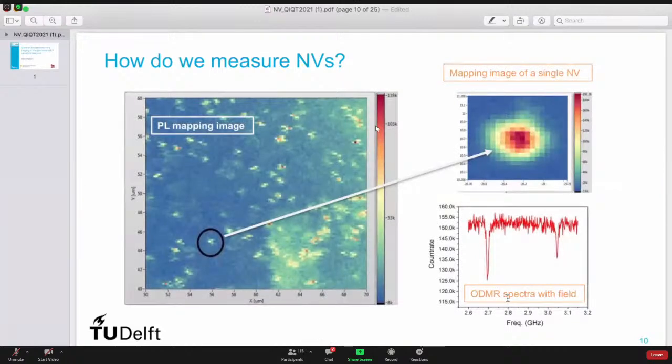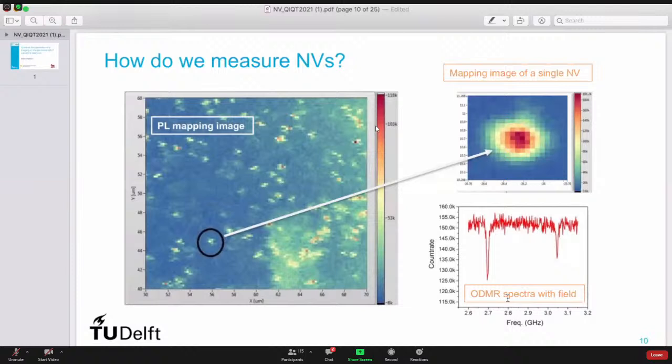So how does the confocal scanning look like? Here the nanopositioning stage moves along the x direction and creates an array of the photoluminescence collected from all those spatial locations. Then it moves to the y position and does the same. This is how we create a matrix of the photoluminescence.